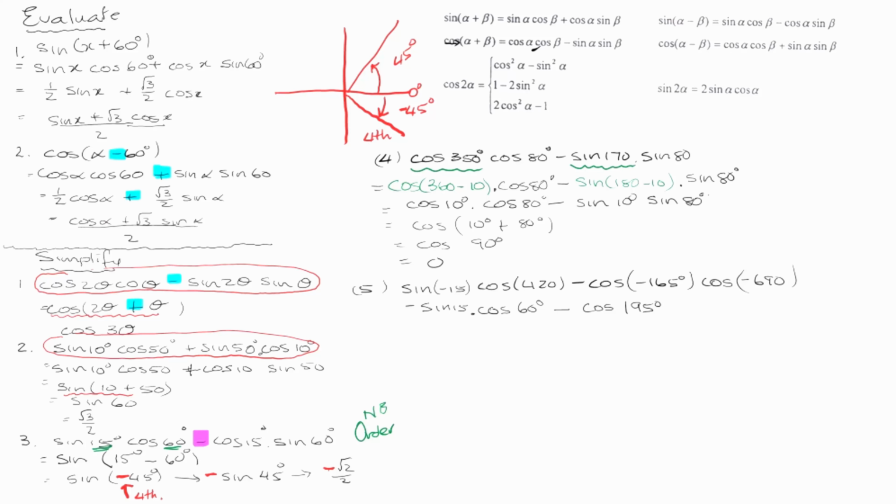And then cos of negative 690, you'd have to add 2 revolutions, 720, and you'll end up with cos of 30.